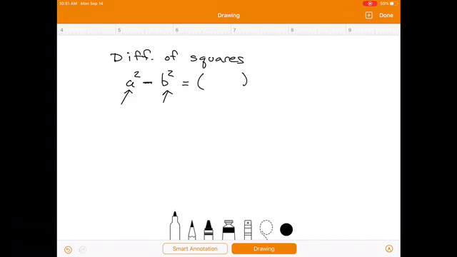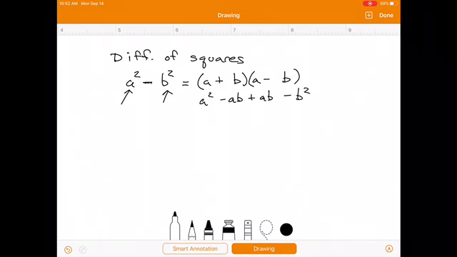It factors into two binomials where it's a times a, and for the second part, b times b, but you need a plus and a minus. Because when you multiply those, you get a squared minus ab plus ab minus b squared. These middle terms will cancel each other, leaving you just a squared minus b squared.